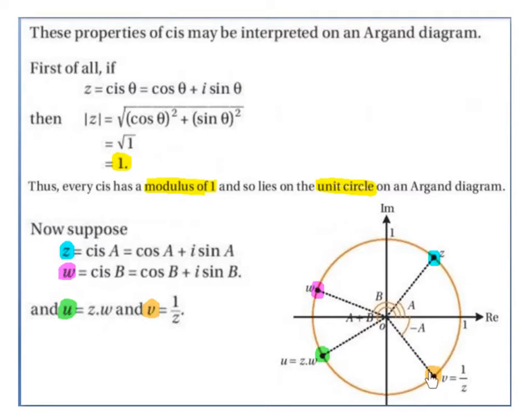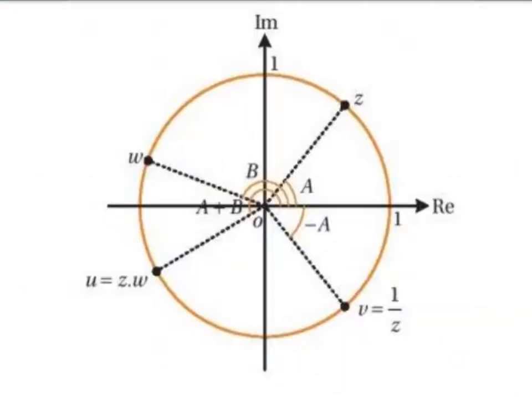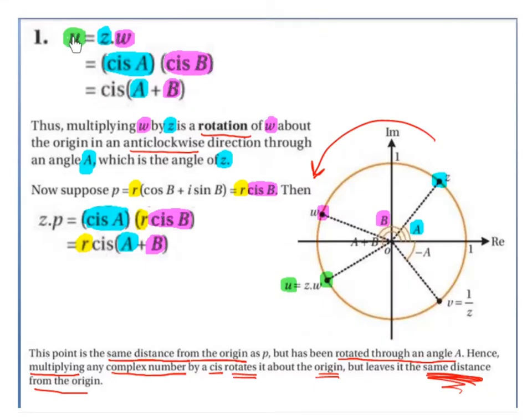So here we have v. So we have z, w, u, and v. u equals z multiplied by w. And z is cis A, and w is cis B, so it's going to be cis A multiplied by cis B, which is going to be cis of A plus B.